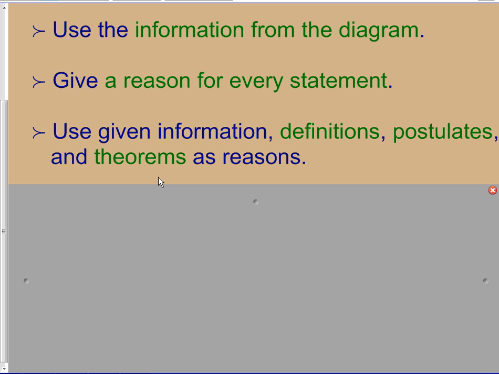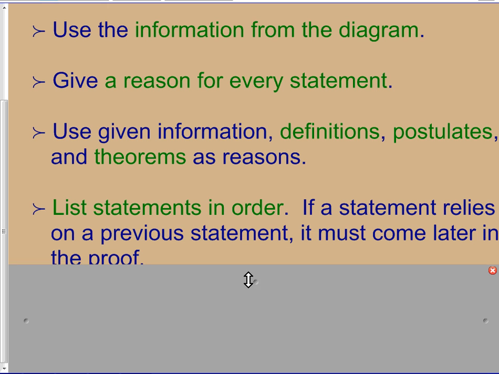You could say the different properties, like the transitive property, the reflexive property. Those types of properties are also very good things to use. That's also why I have been having you write down all these postulates and theorems in your notebook, so in a certain area you can look back on them very easily and find all these reasons.